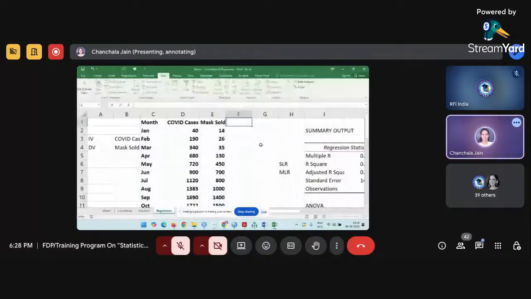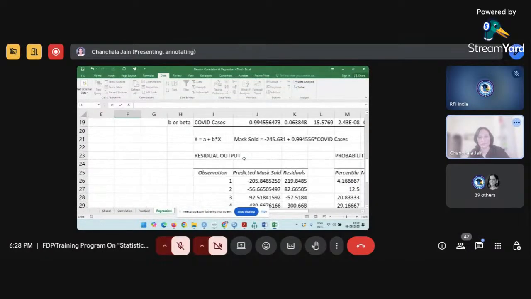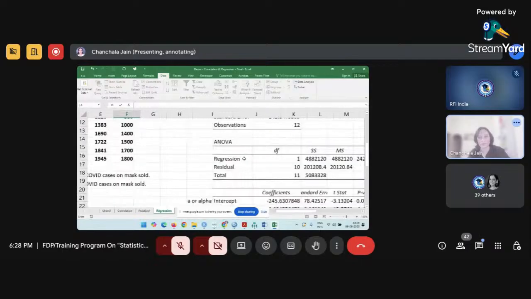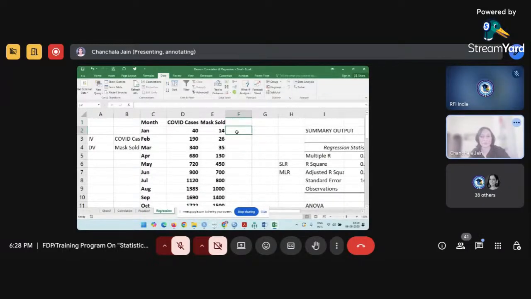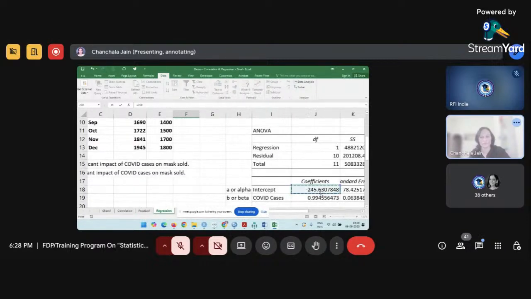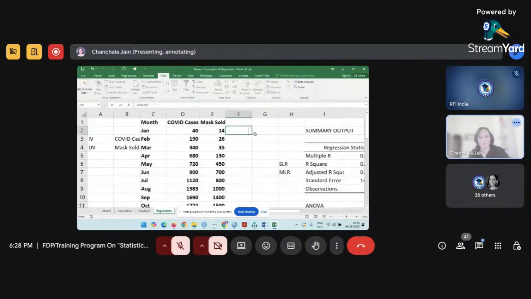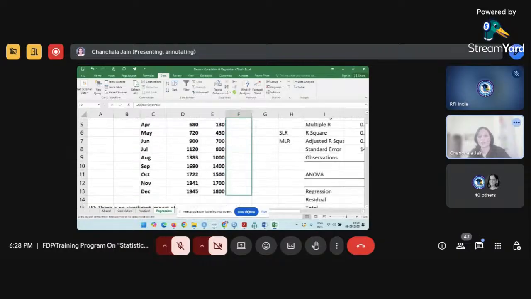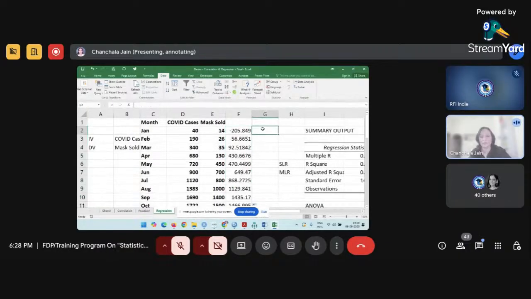I want to show you this, just a minute. A is... getting how I calculated this, and then residual, actual minus predicted.